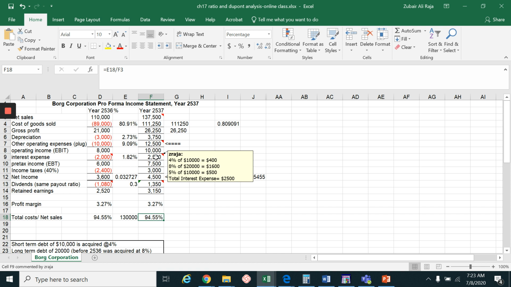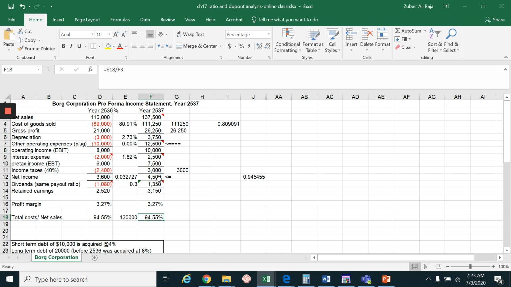Because there are different debts present. Different interest rates need to be paid on different portions of debt, and this is 2,500. Once we subtract this from 10,000, we'll arrive at pre-tax income of 7,500. From here, we will pay 40% income tax, which is 3,000.